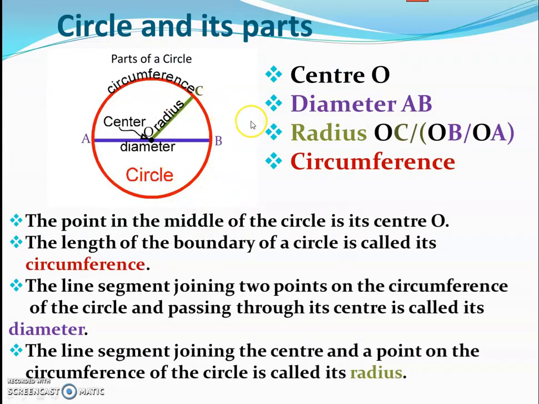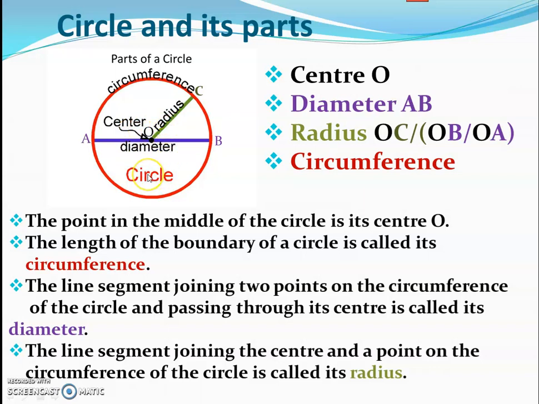Once again, coming to this circle. Its parts are center, circumference, radius and diameter. Center is the middle point of the circle. Circumference is the length of the boundary of a circle. The line segment joining 2 points on the circumference, passing through the center, is our diameter.